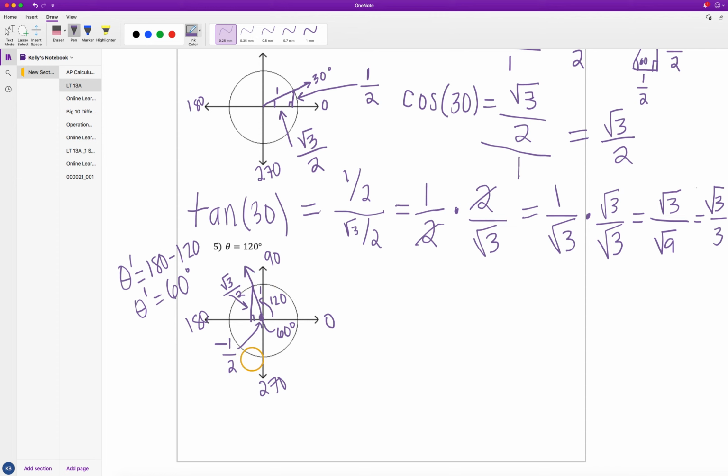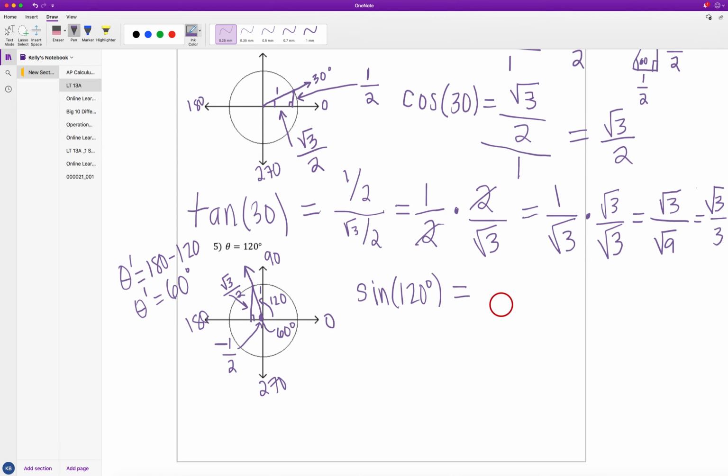So we've now labeled all the sides of our triangle, and we're going to find sine of 120, cosine of 120, and tangent of 120. Let's start with sine of 120 degrees. I know it seems kind of weird because 120 is not even inside my triangle right now, but the reference triangle will give me the values for sine, cosine, and tangent of 120 degrees. That's the beauty of using a reference triangle.